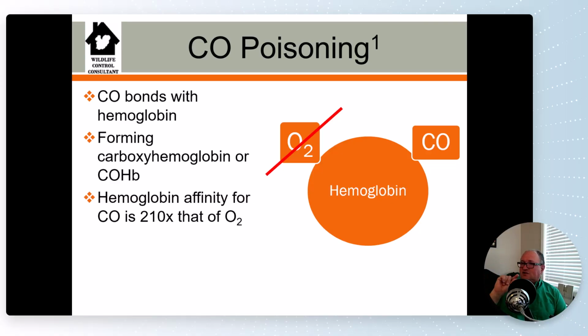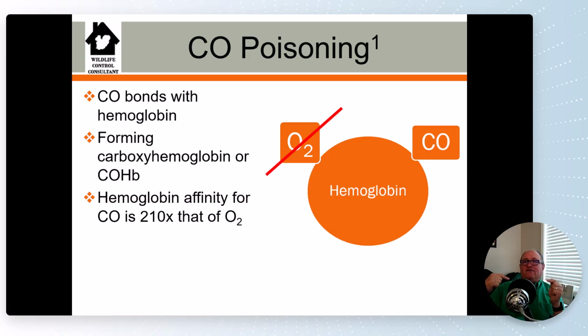Carbon monoxide screws that all up, because carbon monoxide is very attractive to hemoglobin. So if your hemoglobin has a choice between grabbing an oxygen molecule or a carbon monoxide molecule, it'll always grab a carbon monoxide molecule. And it likes carbon monoxide so much, it doesn't want to let it go.